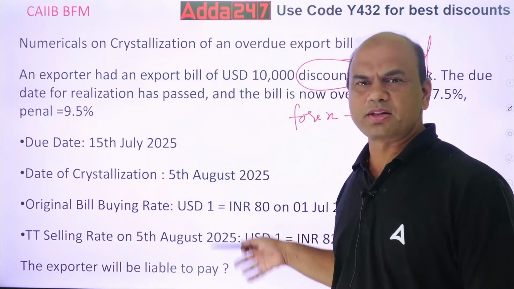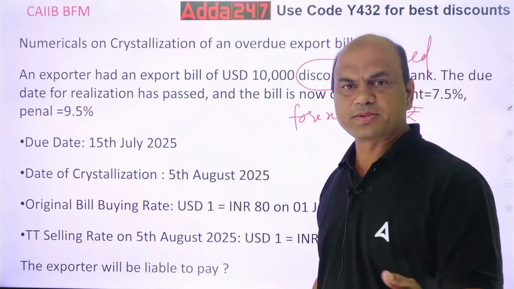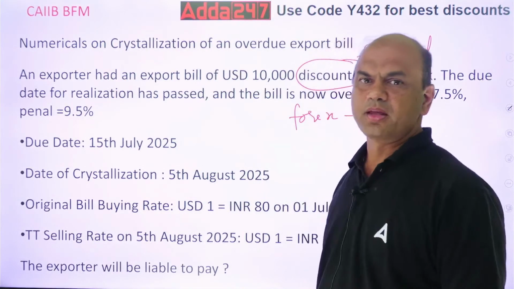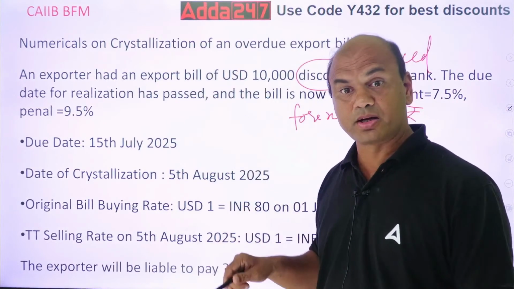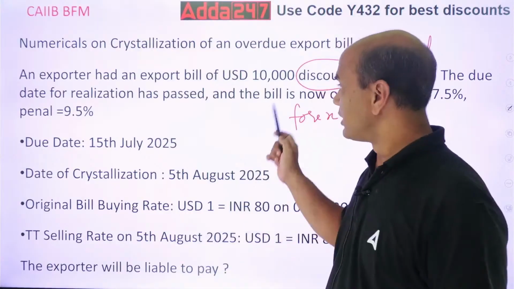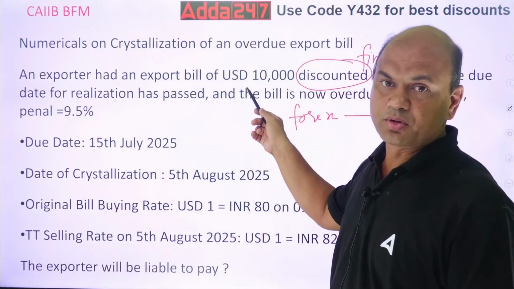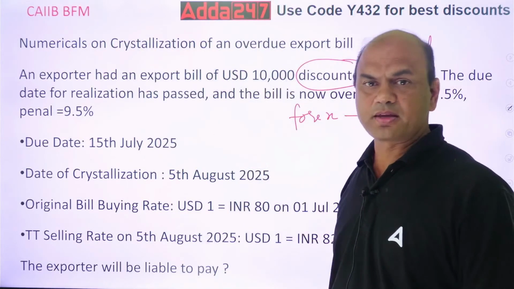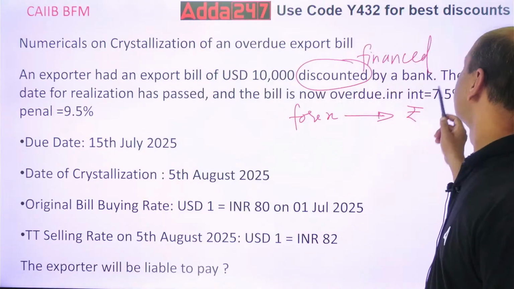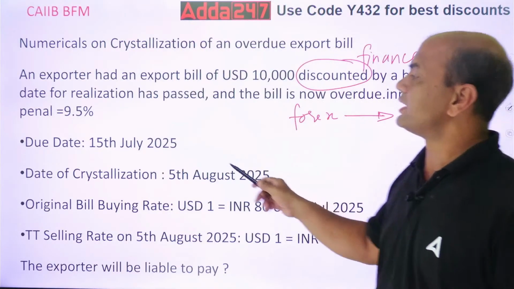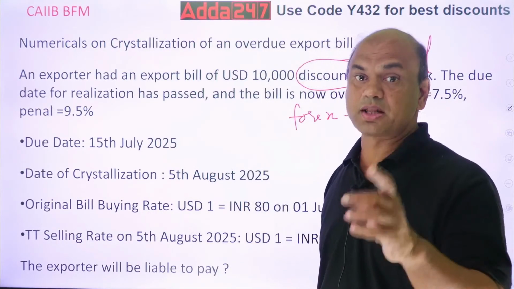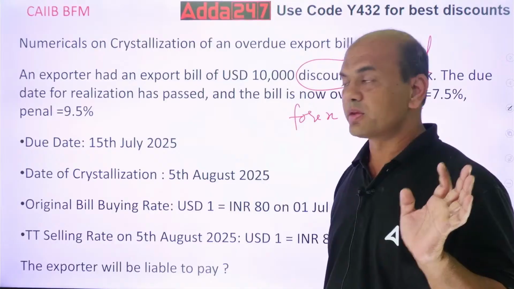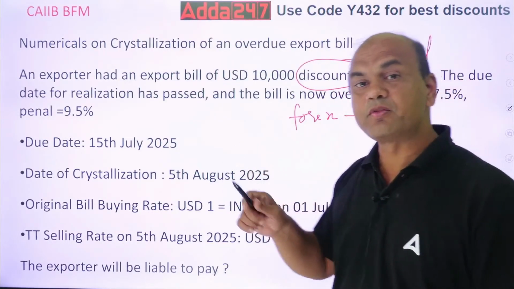Everything is given over here. A few days back he had done some export, and now this export was due for payment. But look at it. He had done an export, he had taken the finance from the bank, and now the due date for realization has passed. The payment from the buyer has not come.